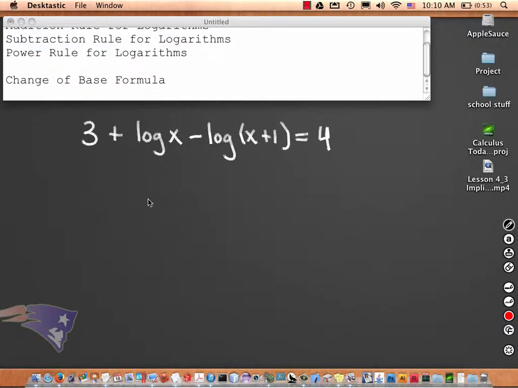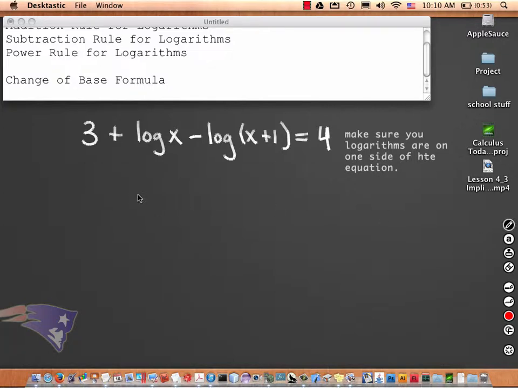If I was to give you a strategy to help you solve these logarithmic equations, I would say make sure your logarithms are on one side of the equation.